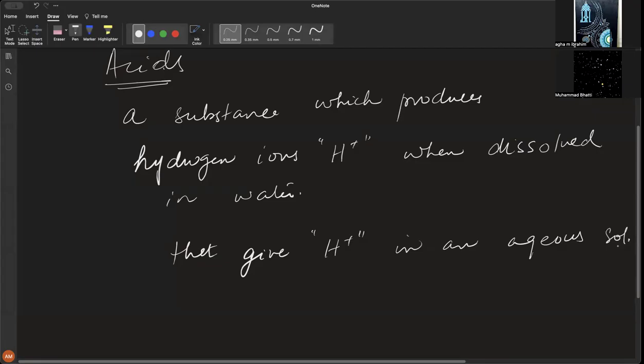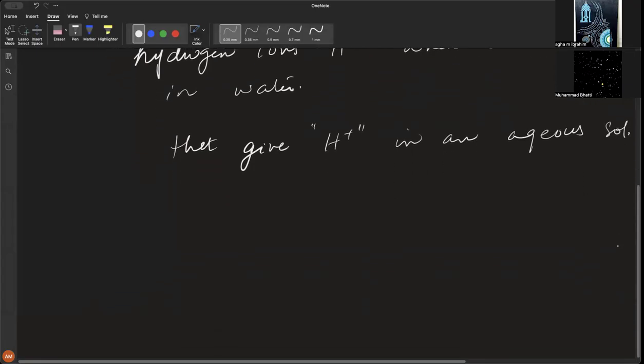Right. So what does that really mean? What does this giving of H positive ion really mean? If you look at an example of hydrochloric acid, aqueous. All right. There's a difference between HCl aqueous and HCl solid, which is most of the times in the powdered form.